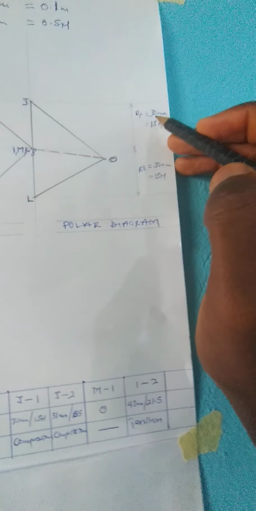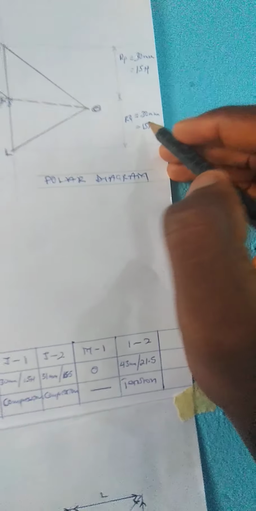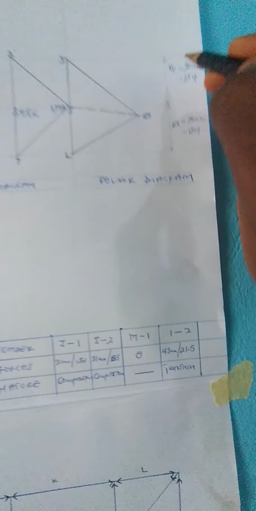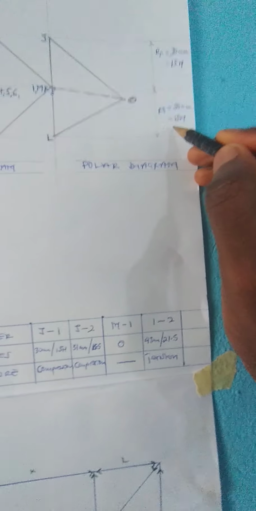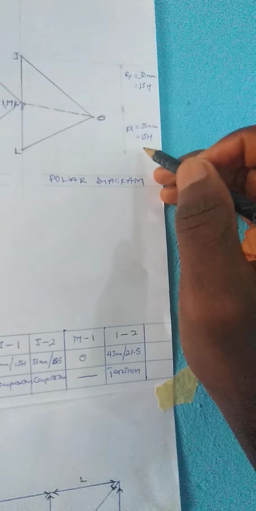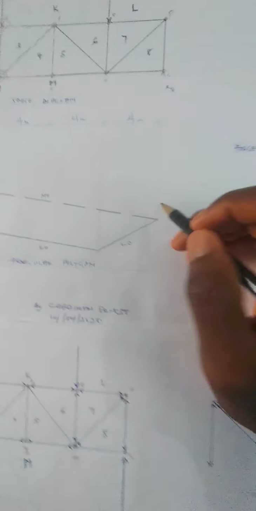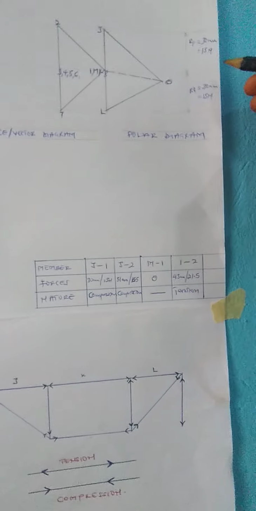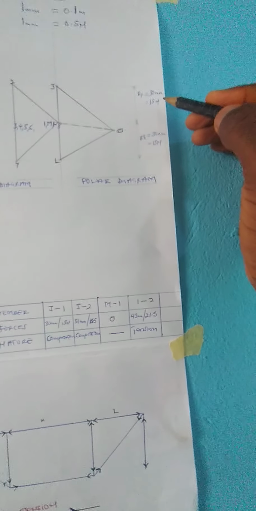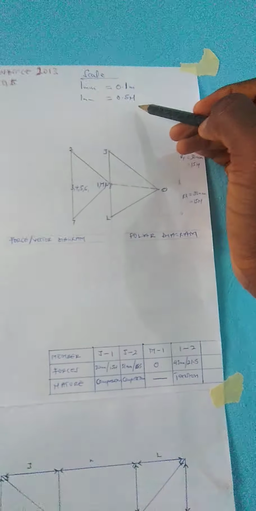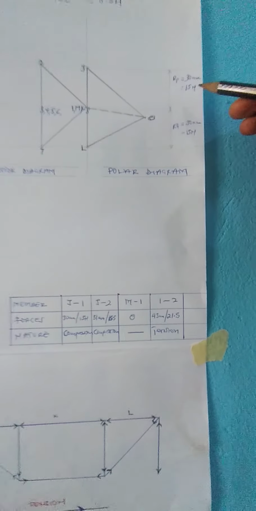When measured, this will give you 30 mm. This one will also give you 30 mm. That is the reaction for RP and RQ. I told you they're going to be the same, and we're having 30 mm and 30 mm. But since they are reactions and should be forces, we have to convert them back to force. So 30 mm converted to force according to the scale, 0.5 newtons is equal to 1 mm, you're going to get 15 newtons.